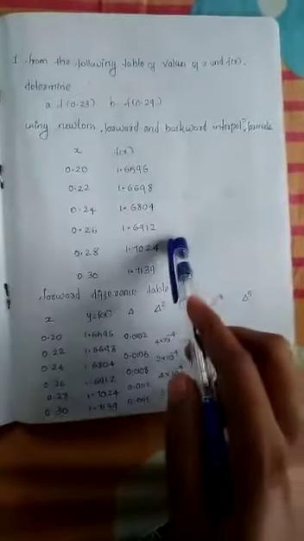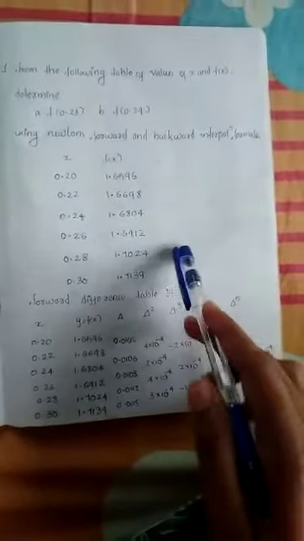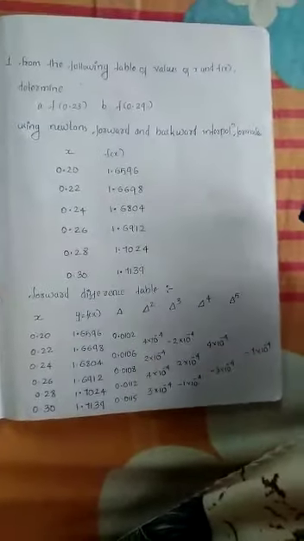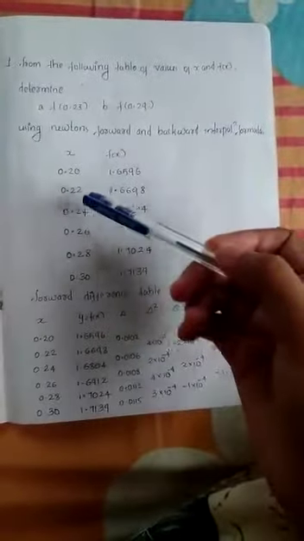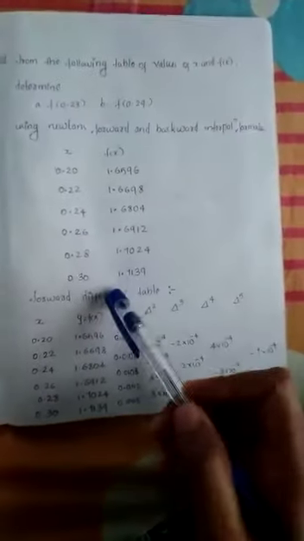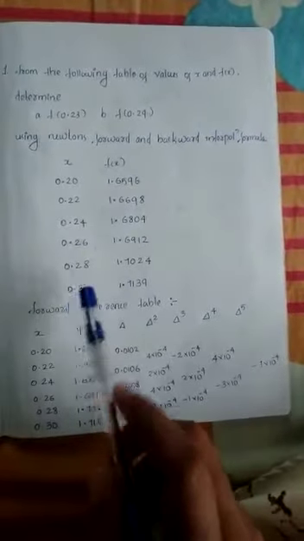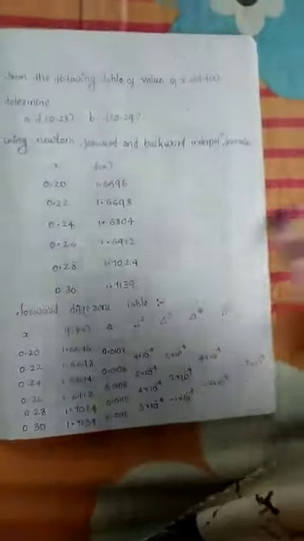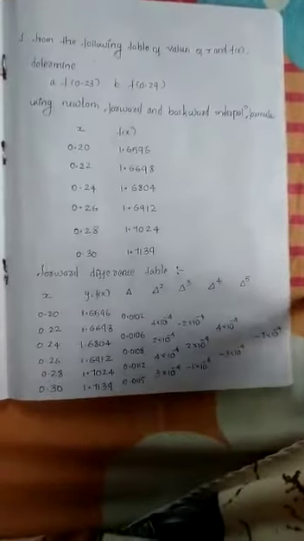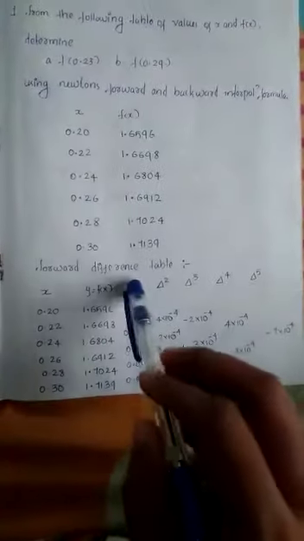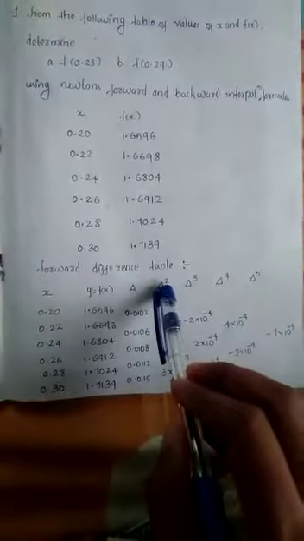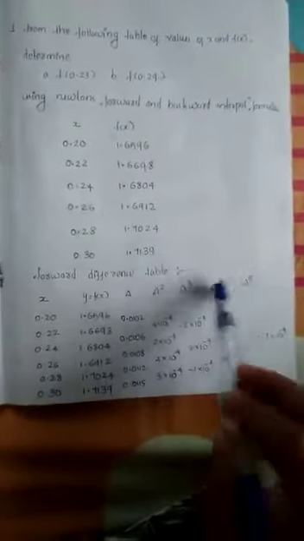From this we can write the forward difference table. So this is x0, x1, x2, x3, x4, x5. We calculate up to the fifth forward difference. So we write the x value, y value, and first forward difference, second forward, third forward, fourth forward, and fifth forward.